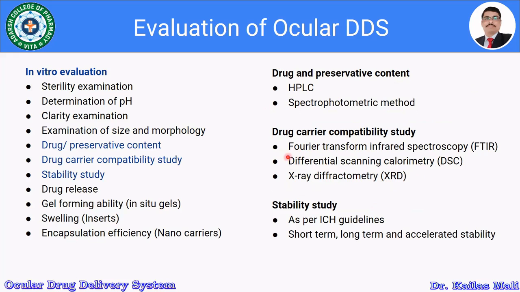So these are the tools which are widely used to study the compatibility between the drug and the excipients. Then the stability studies are performed as per the ICH guidelines as short term, long term, or accelerated stability studies.